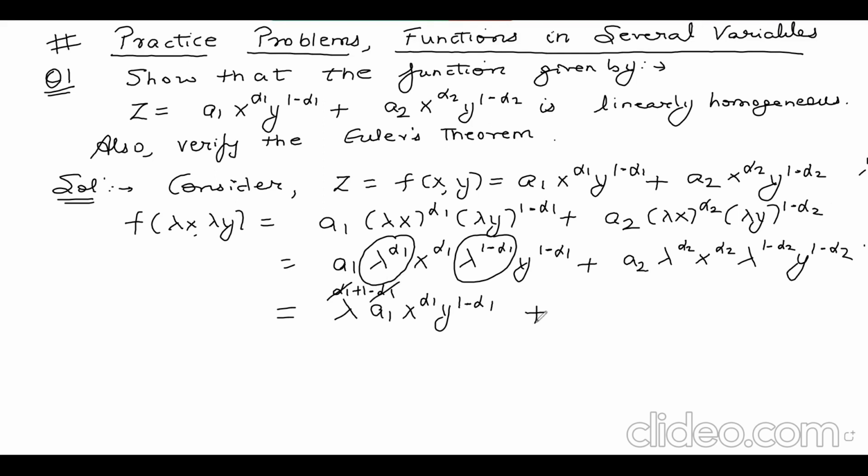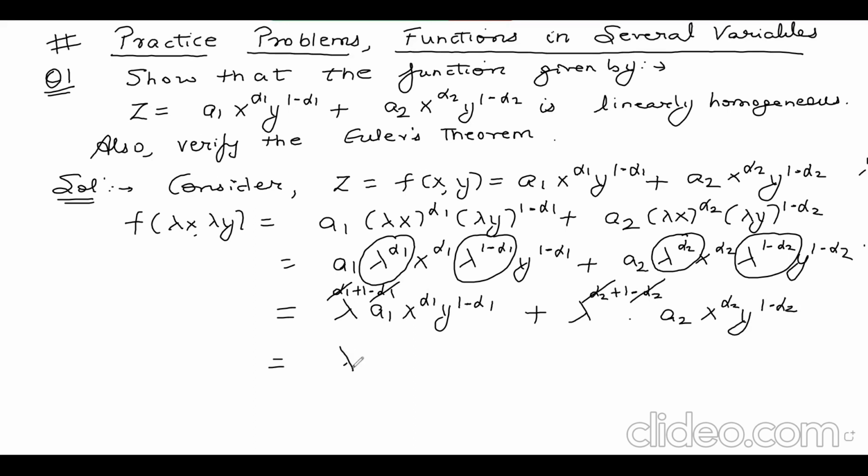Similarly, here also, lambda to the power alpha 2 and lambda to the power 1 minus alpha 2. The base is the same, so I can add up the powers. It's alpha 2 plus 1 minus alpha 2 times a2 x to the power alpha 2 y to the power 1 minus alpha 2. Again, alpha 2 minus alpha 2 cancel out.